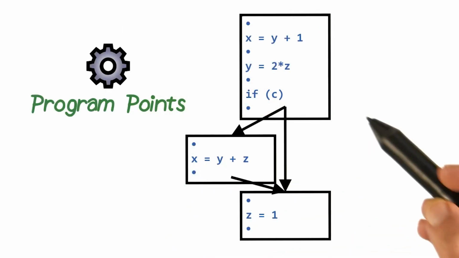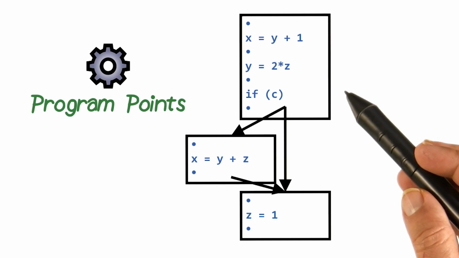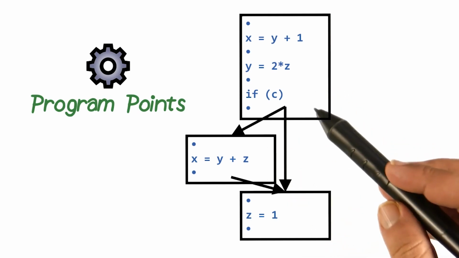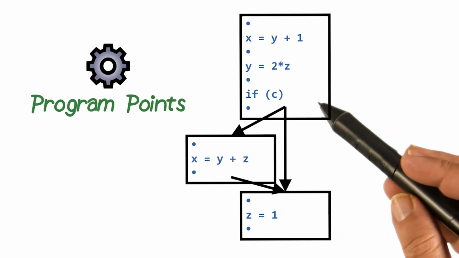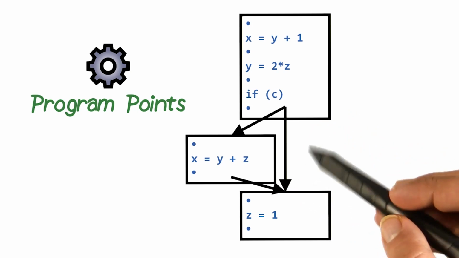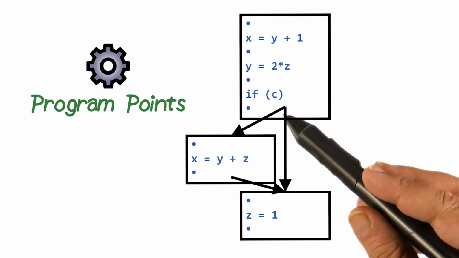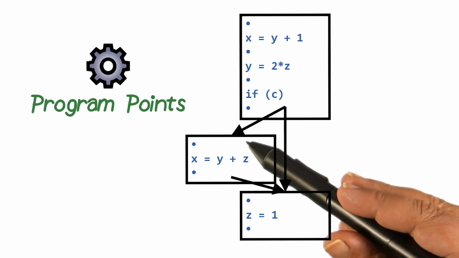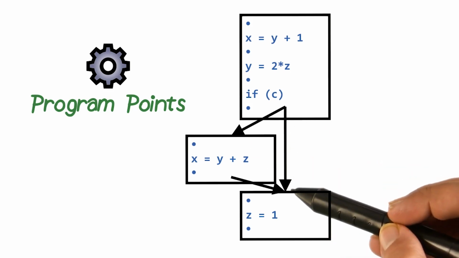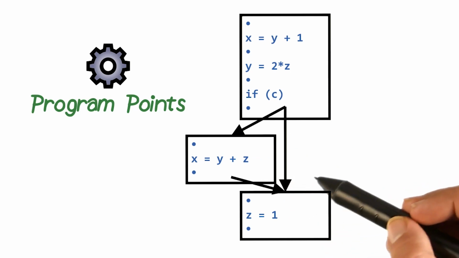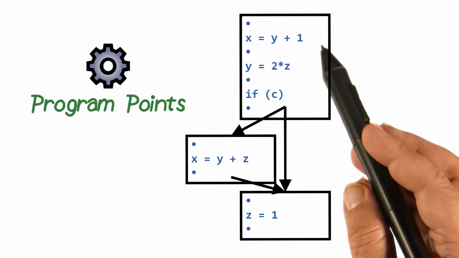Here are some program points shown for a simple CFG. We have three basic blocks and some statements and some branching across. As you can see, we have a conditional branch here. This may be a fall through path, this may be a branch taken path, and then again we have a fall through path here, and these dots show different program points.